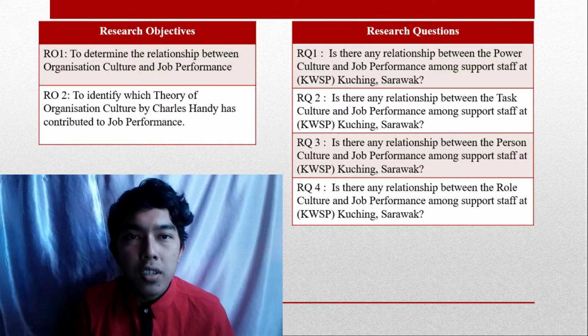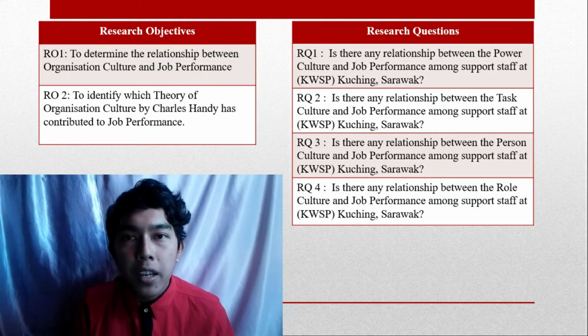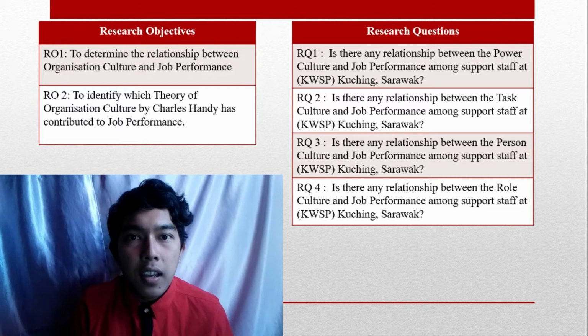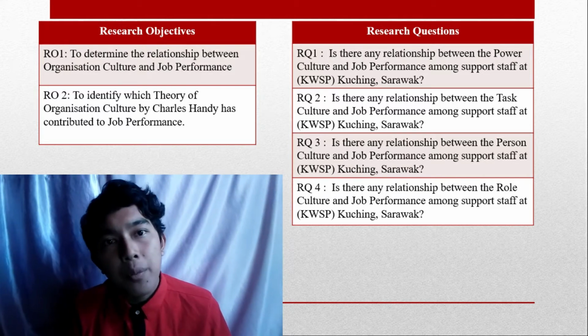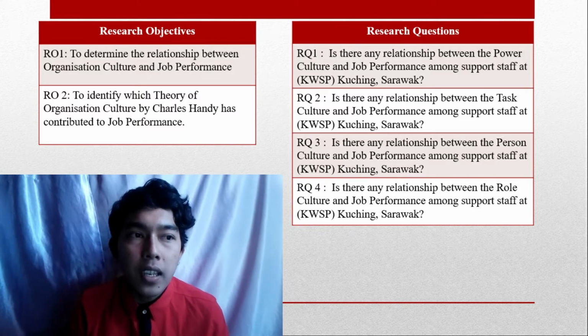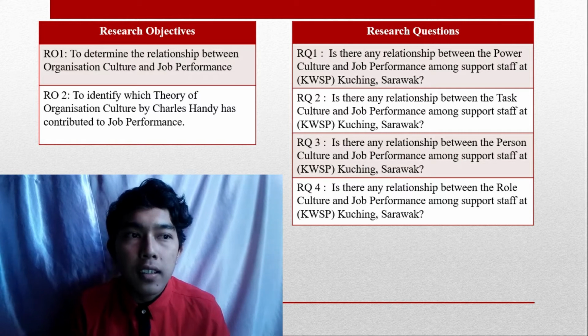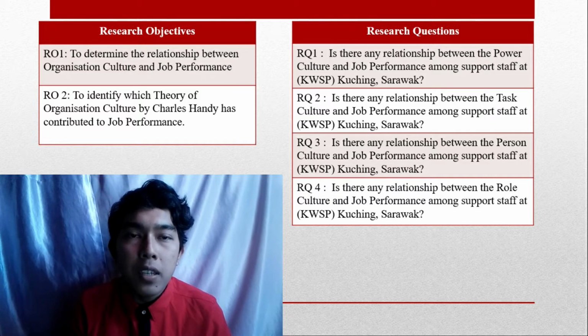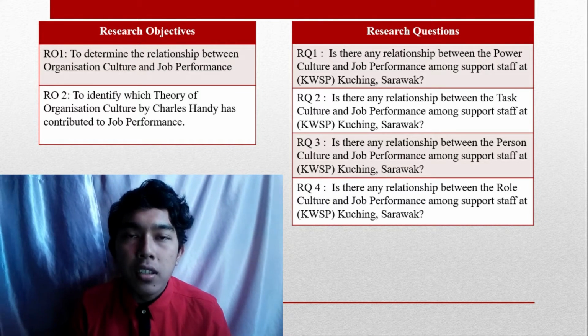The second research objective is to identify which theory of Charles Handy contributes to job performance. The research questions are to ensure whether it is connected with the four types of IV, which are power culture, task culture, person culture, and role culture.